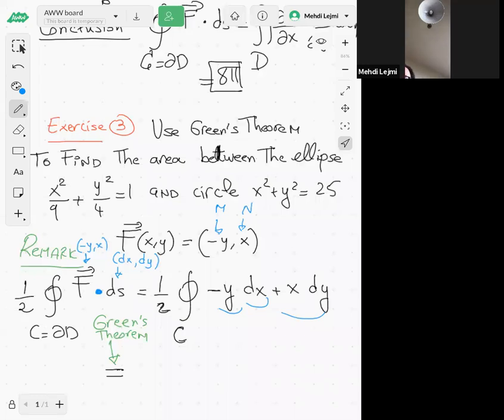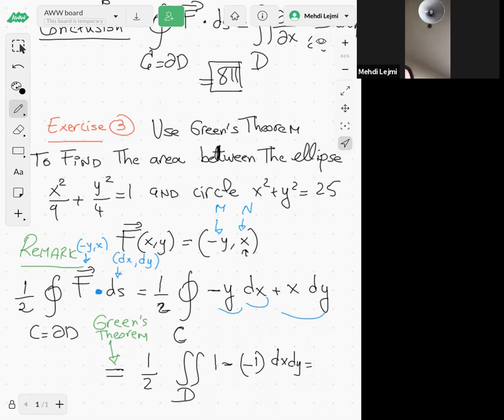So if you use Green's theorem, that will be equal to half the integral over the region D of, well, the derivative of N with respect to x. So N is x. The derivative of N with respect to x would be 1, minus the derivative of M with respect to y. So that'll be minus, minus 1, dx dy. So 1 minus minus 1, that would be 2.